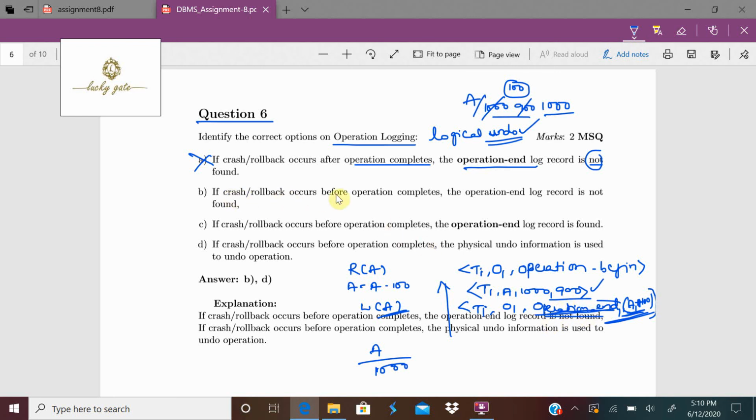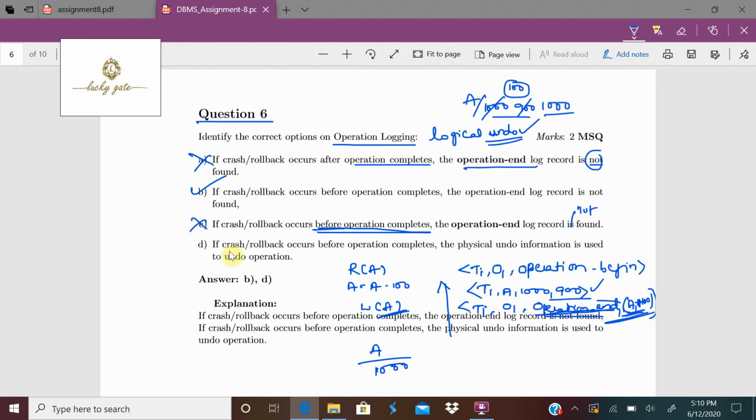Now what option is given? If crash or rollback occurs before the operation completes, the operation end log record is not found. It is a true statement. Option C says, if crash or rollback occurs before the operation completes, the operation end log record is found. Just observe the words before operation completes. If a crash occurs before the operation completes, the operation end log record is not found. Here it should be not found, but it is given as found, so it is incorrect.